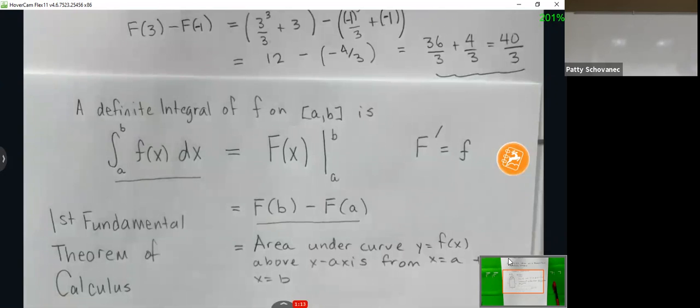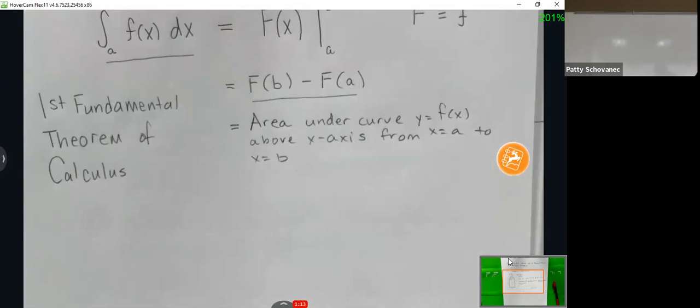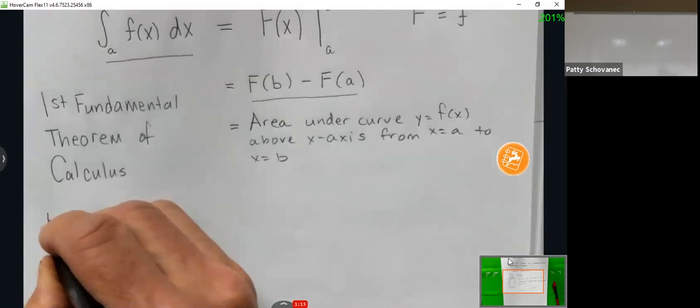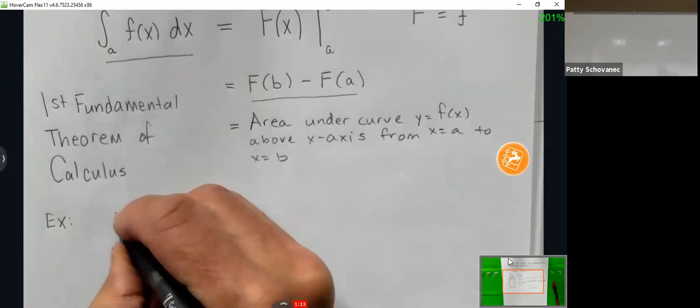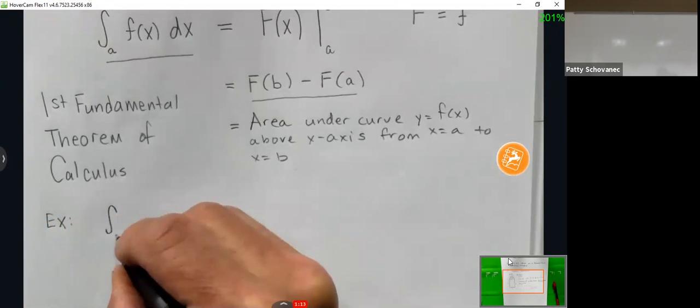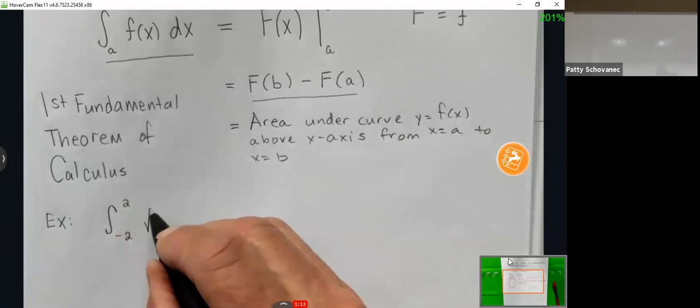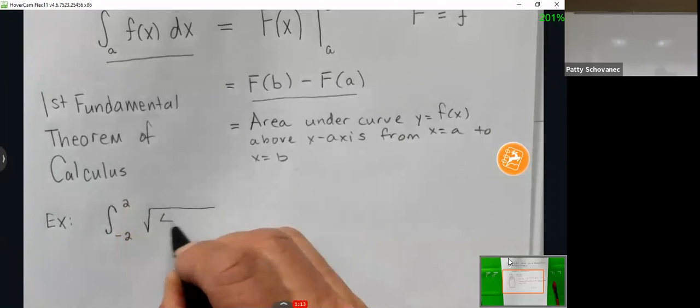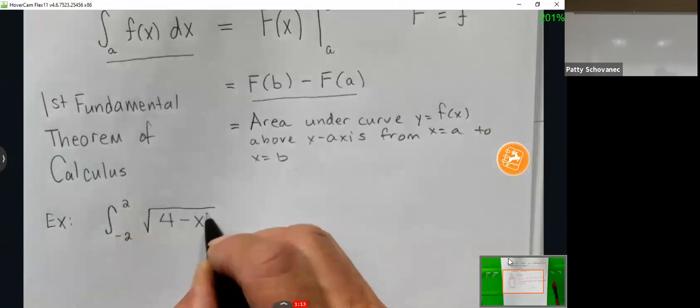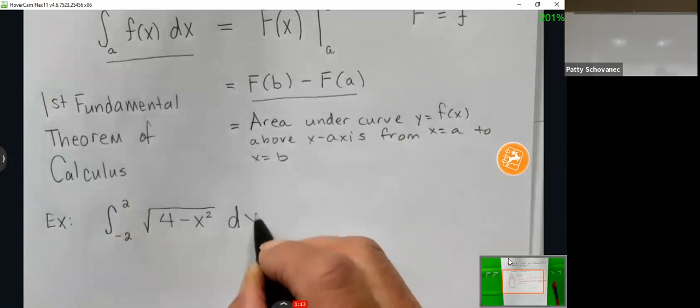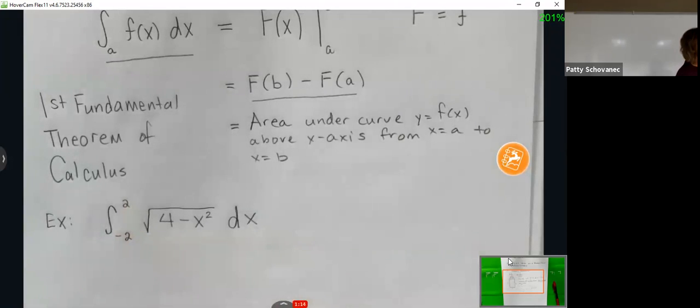So, for instance, this has a geometric interpretation.